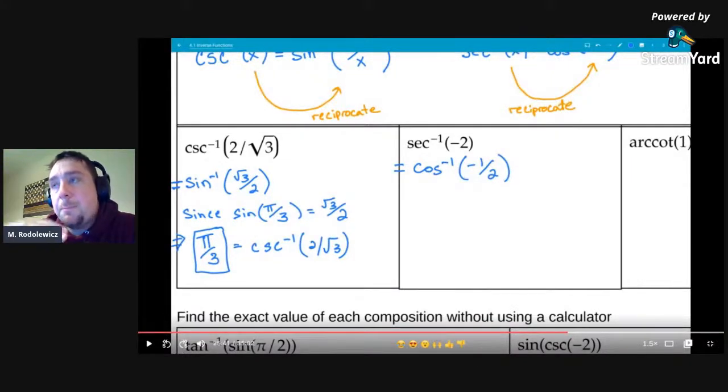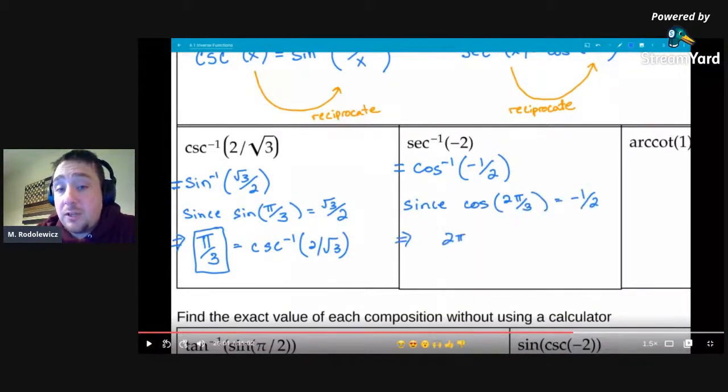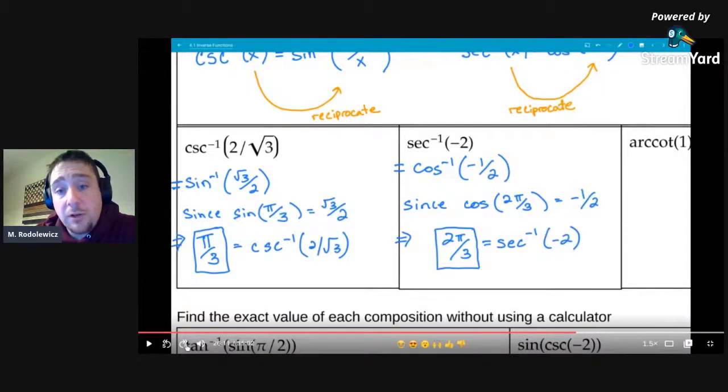And at this point, this means to find the angle of rotation between 0 and pi whose cosine is negative 1/2. Since the cosine of 2 pi over 3 is negative 1/2, I have my answer, 2 pi over 3.